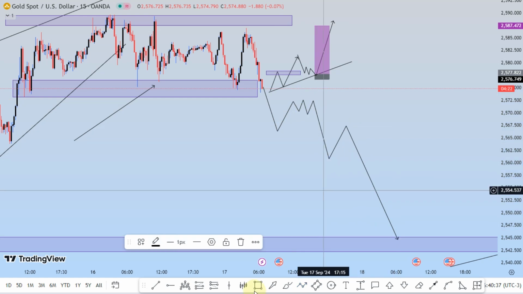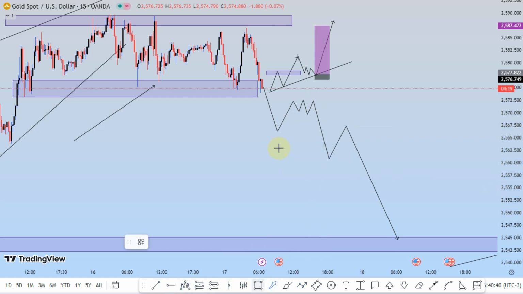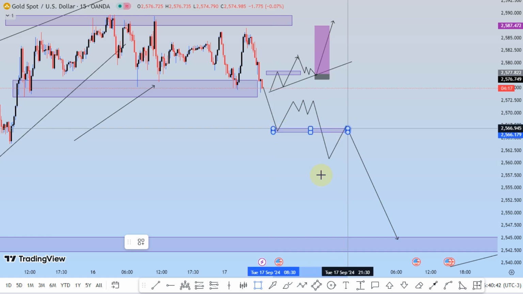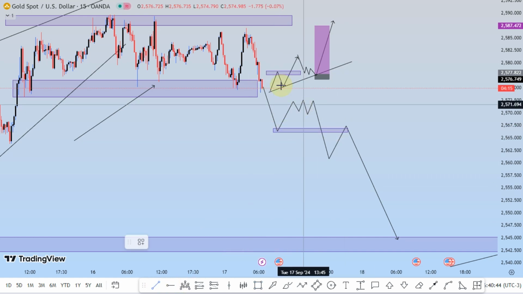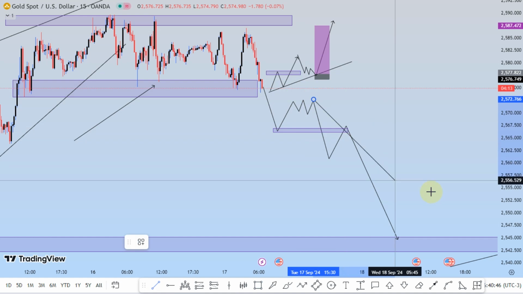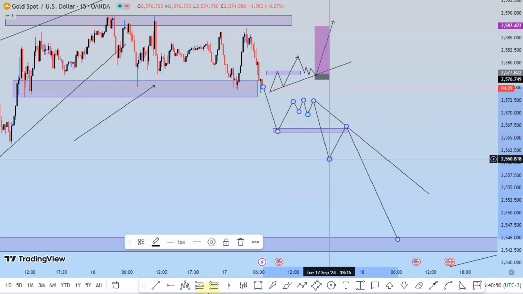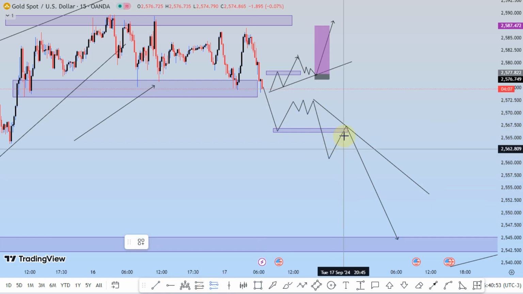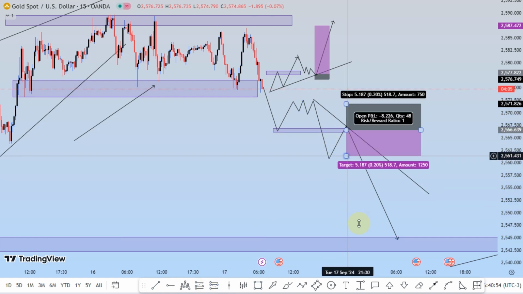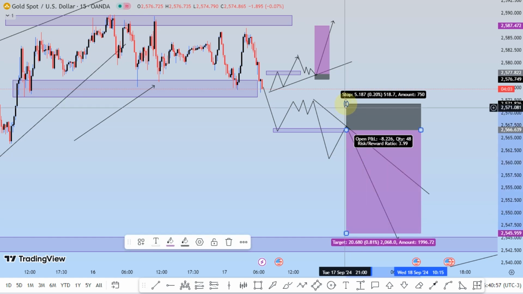If you see that behavior, price giving you a lower low, lower high, lower low, now look for your entry on the lowest high, which is safer.